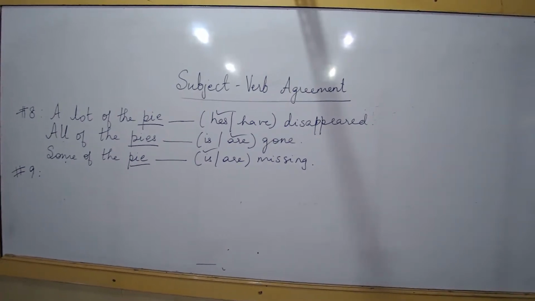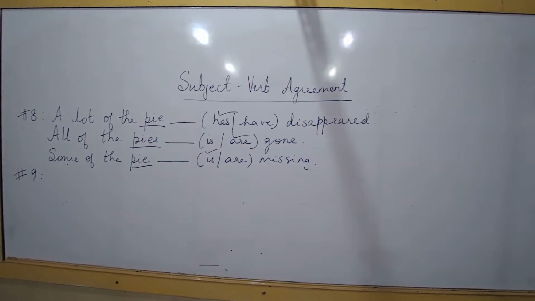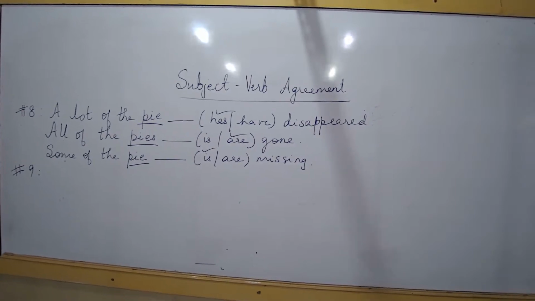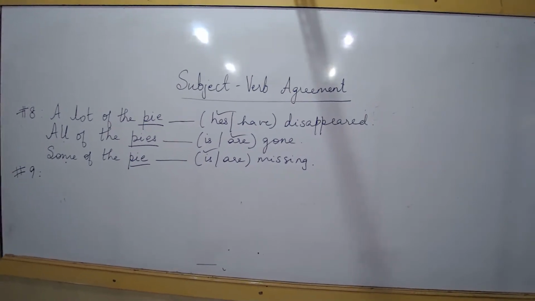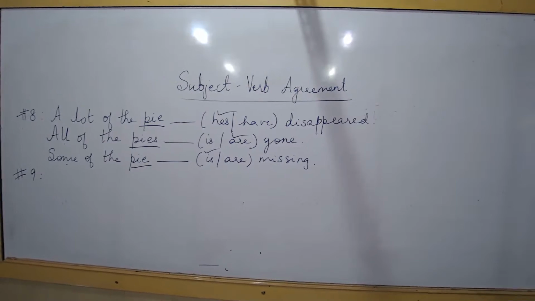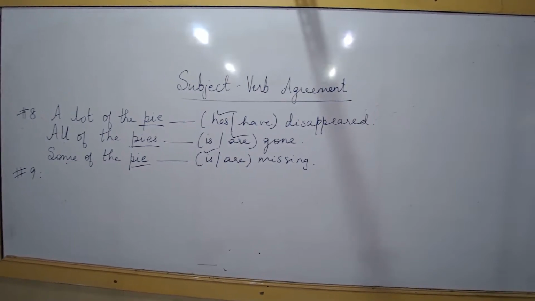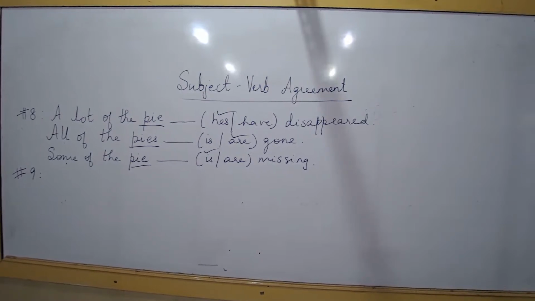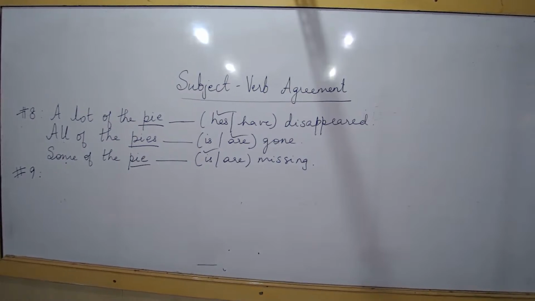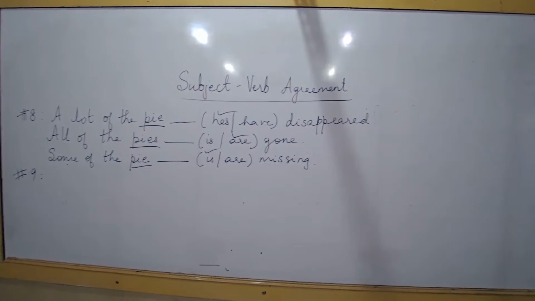Okay. Sentence, write down. The jury dash is or are about to give its decision. Next example.